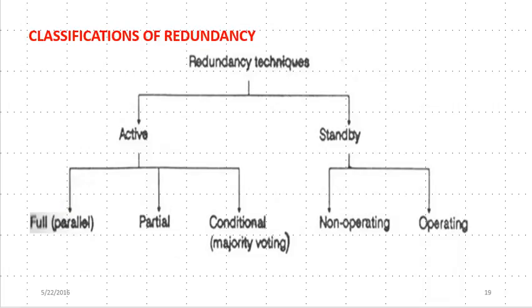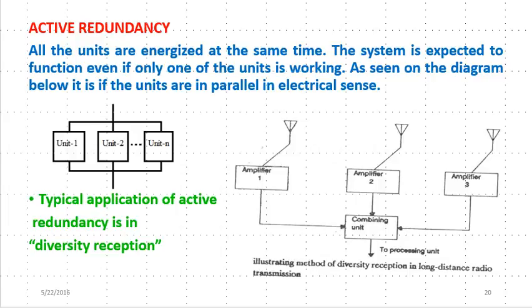We have what we call full or parallel active redundancy, we have partial, and we have conditional, which sometimes is called majority voting active redundancy. Now, the standby, which is the passive, is of 2 types. We have non-operating and we have operating, and we are going to discuss all these one after the other.